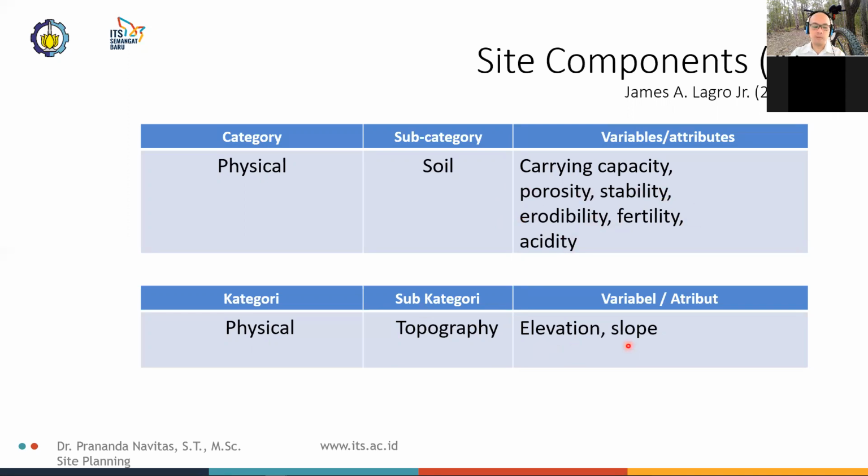Because elevation and slope affect accessibility greatly, not only for human circulation, but also when you develop a site. Elevation and slope can be a challenge, as you have to move building materials, and you have to place them in a way so that they would not pose a threat to the development process and everything.